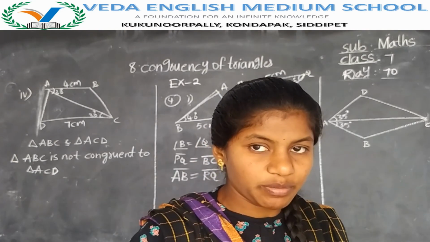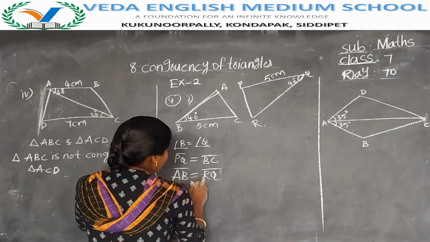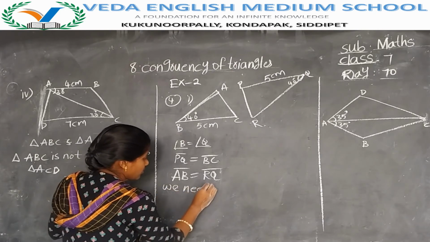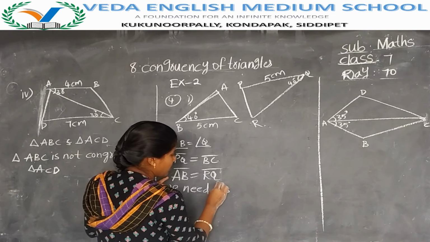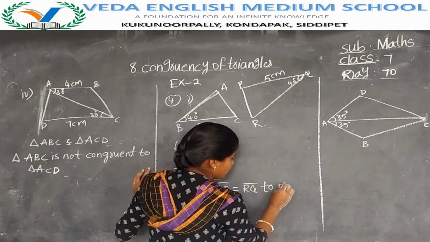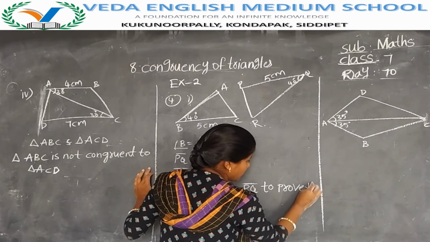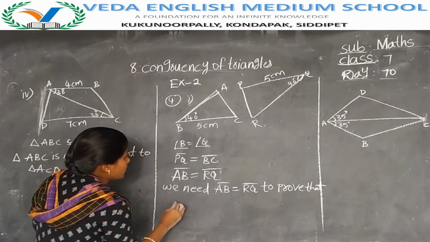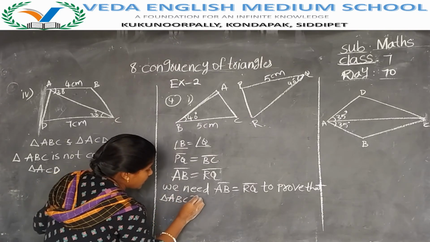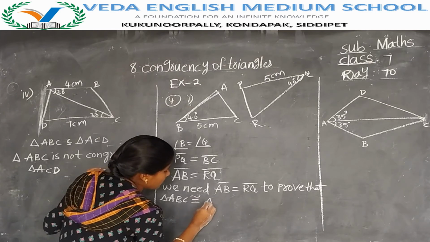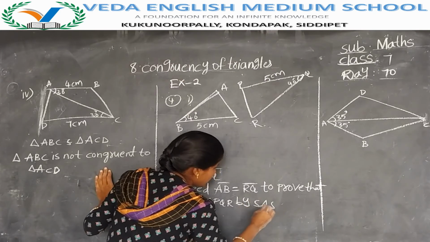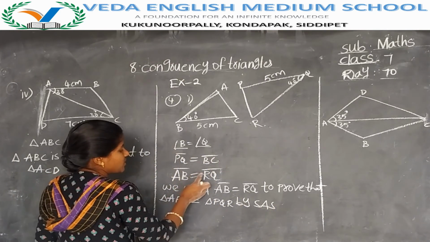Here AB is equal to RQ. We need line segment AB equal to line segment RQ to prove that triangle ABC is identically equal to triangle PQR by SAS rule. We need this information additionally, that is AB is equal to RQ.